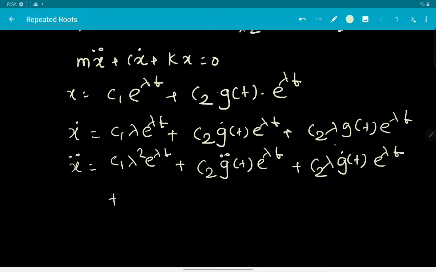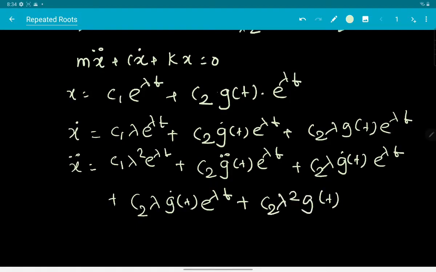Now I'll be differentiating this term with respect to time, which will end up with C2 lambda g dot of t e raised to lambda t plus C2 lambda square g of t into e raised to lambda t. Okay, so we have obtained x, x dot and x double dot.